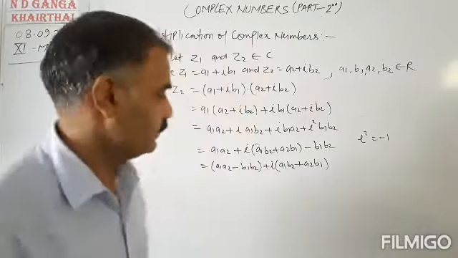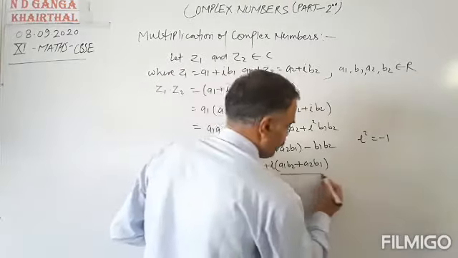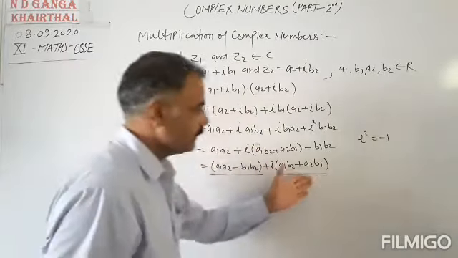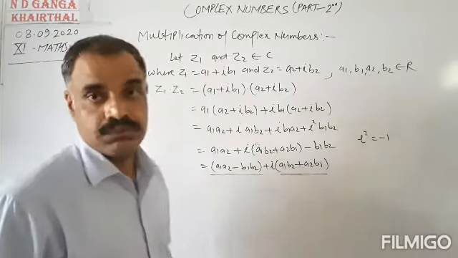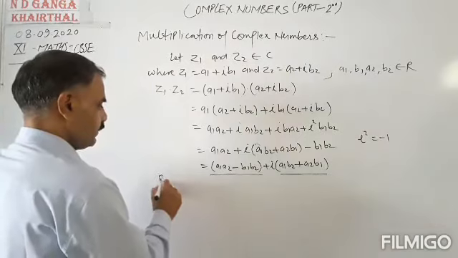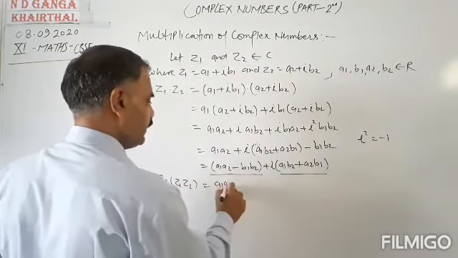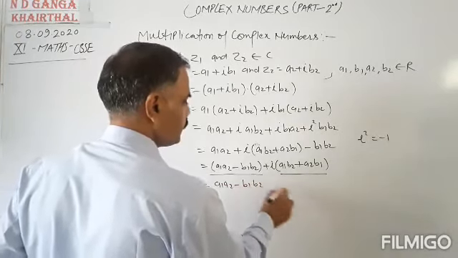Now this is the real part of Z1 Z2, and this is the imaginary part of Z1 into Z2, meaning the product. So here the real part of Z1 Z2 is equal to A1 A2 minus B1 B2.